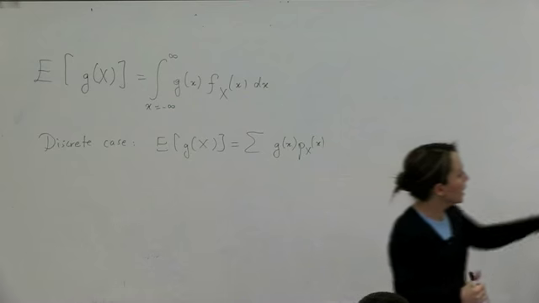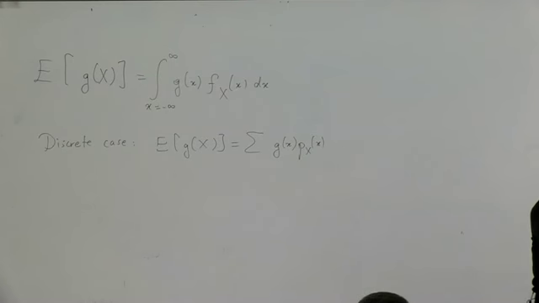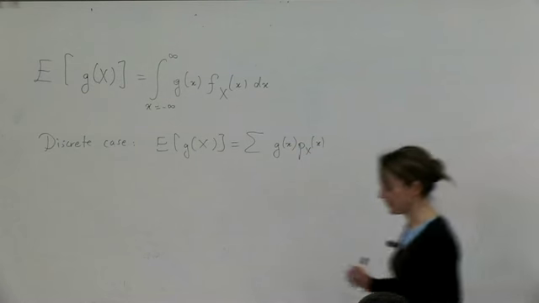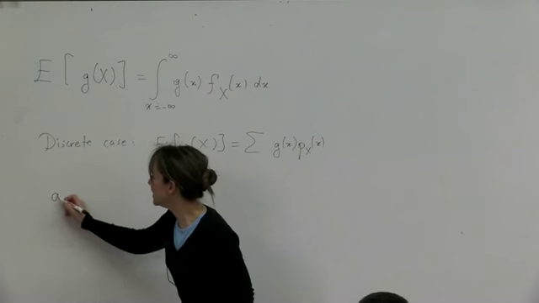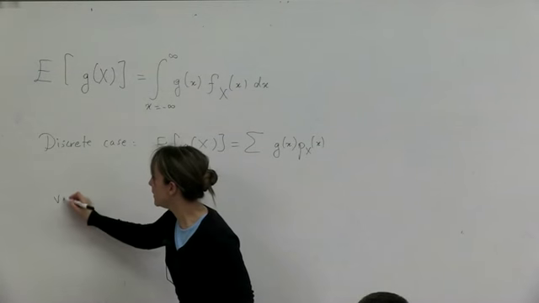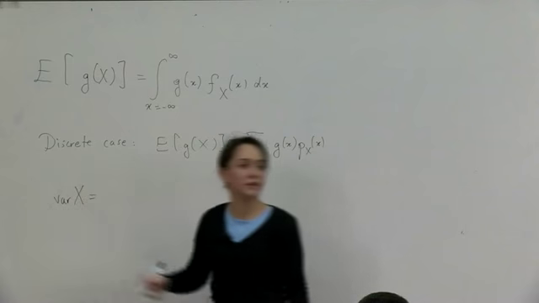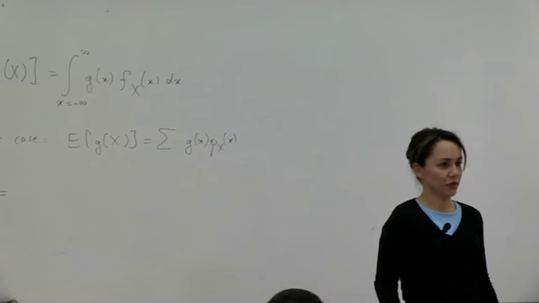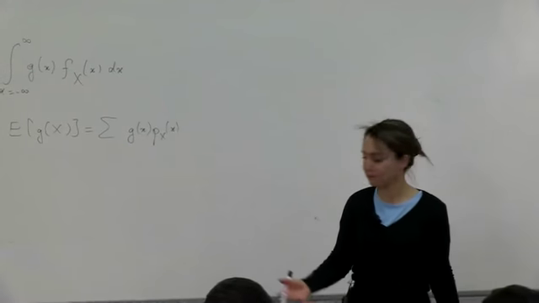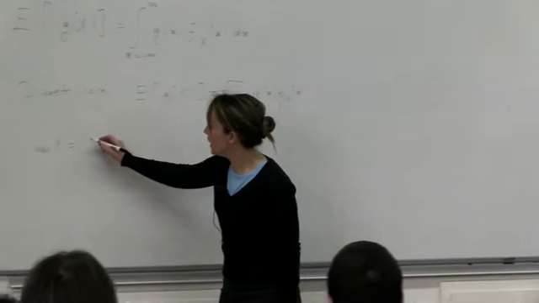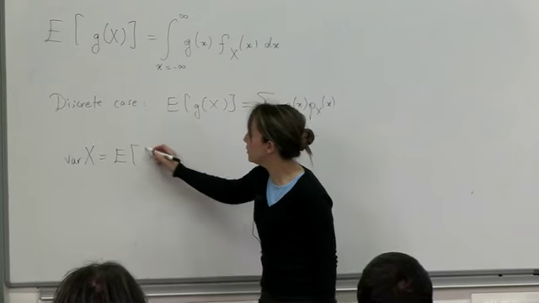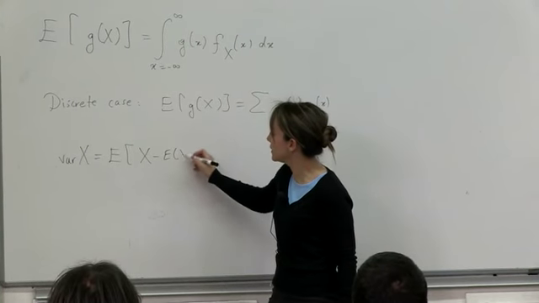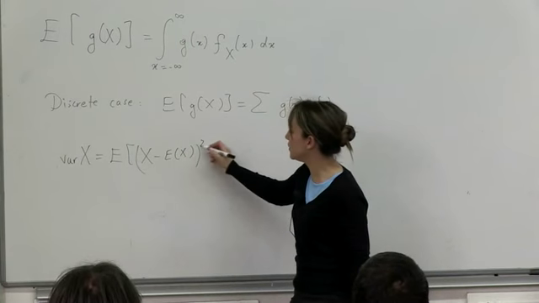Variance of X. How do we find the variance of X? The definition of variance does not change. What is the definition of variance? The expected value of (X minus E[X]) squared.